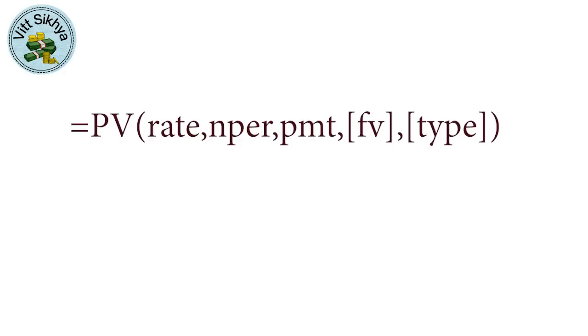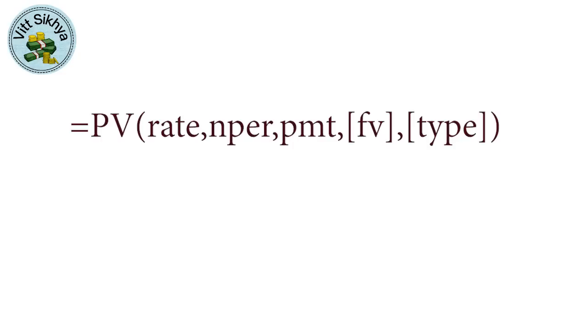Now, I understand the formula was extremely complex, but the simple way to do this is to use Excel's PV function. The formula is equal to PV(rate, NPER, PMT, FV, type), where rate is the discount rate per period, YTM divided by the number of periods in a year.